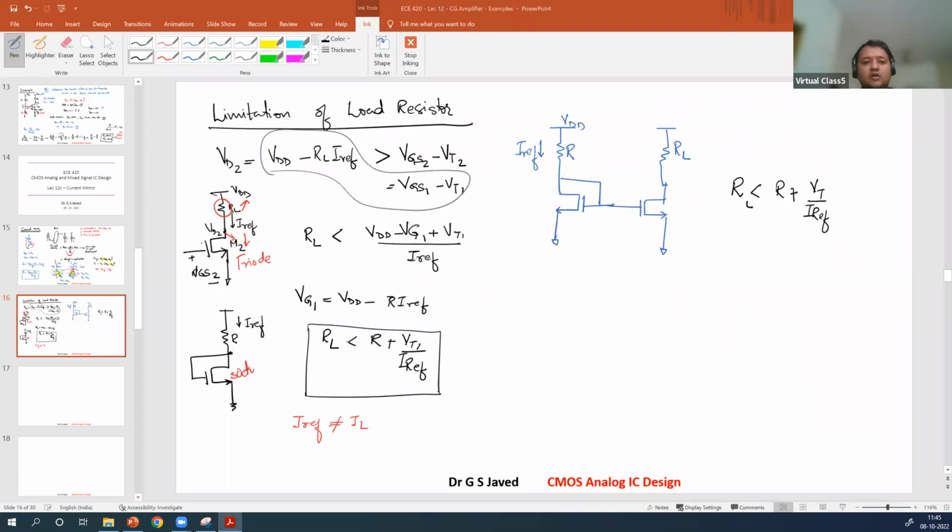Now, we will try the inverse of it. What will happen for the PMOS circuits in this case? The same condition applies, you have to understand.